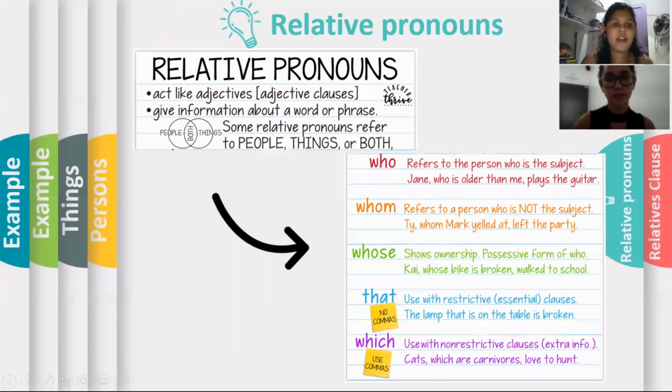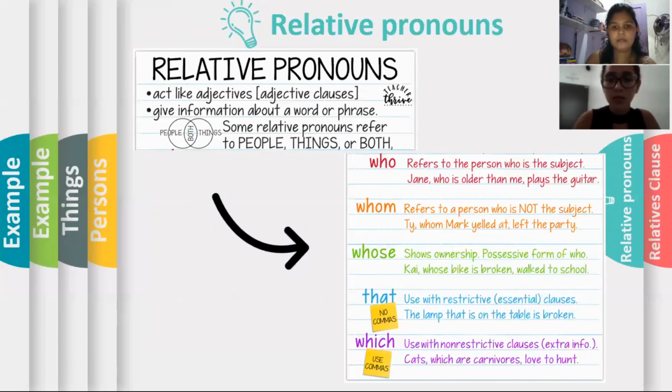Relative pronouns act like adjective clauses. They give information about the word or phrase. Some relative pronouns refer to people, others to things. Who refers to the person who is the subject. For example, Danny, who is the other, plays the guitar.